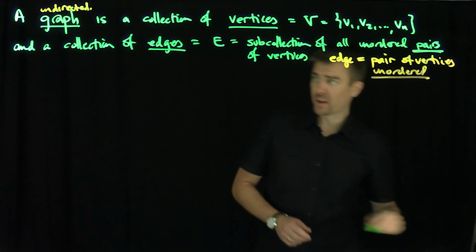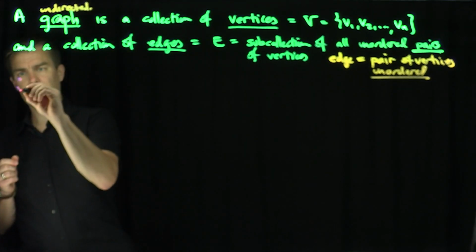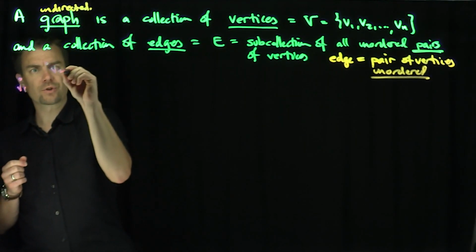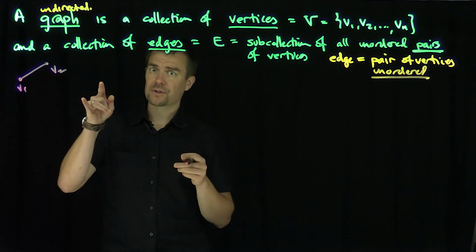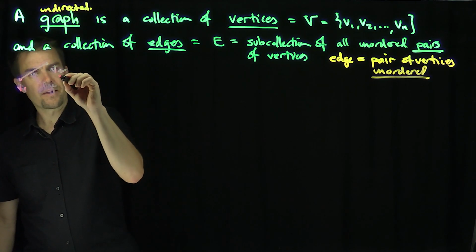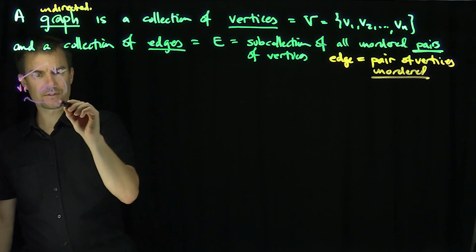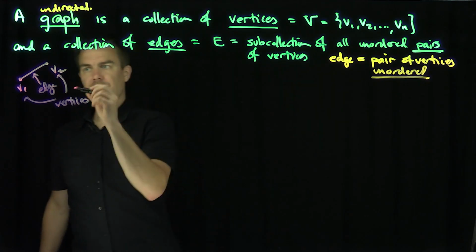Great. And so let's just draw some graphs. So graphs can be very simple, they can be very complex. So here's an example of a simple graph. I have my V1 and I have my V2, and I'm just going to draw a line segment between V1 and V2. That is a graph over there. I have two vertices and one edge, right? So this over here is an edge, and those two things, V1 and V2, are my vertices. Okay? We can draw more complex graphs.